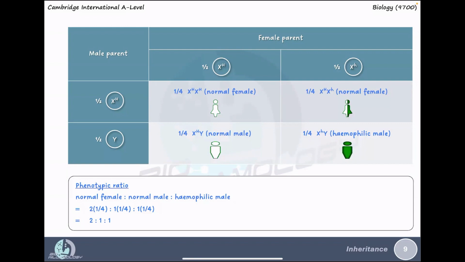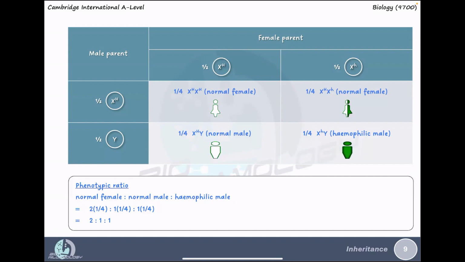And you can see that the male actually gets the recessive allele from the female parent rather than the male parent, because the male parent will pass on the Y chromosome to the male offspring, the son. In this case, a hemophilic male will not pass the disease to the son.